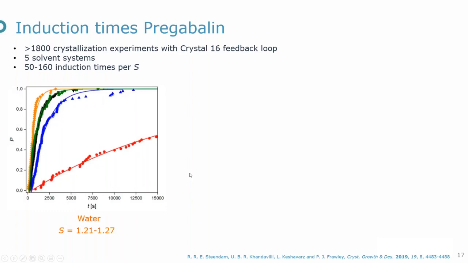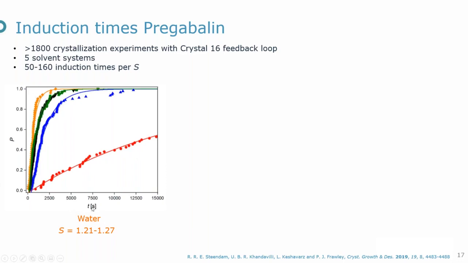If you have all that data, typically you rearrange it into a probability figure, shown here. You see the probability of crystallization as a function of crystallization time, or induction time. The different colors denote different supersaturations. The red color is a low supersaturation, and the orange color is the highest tested supersaturation ratio.